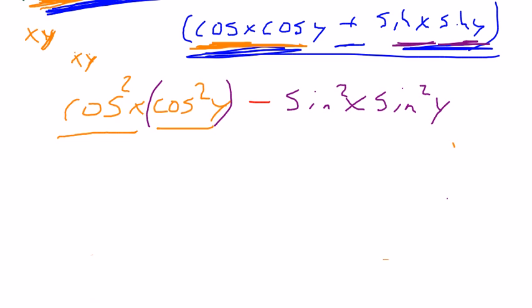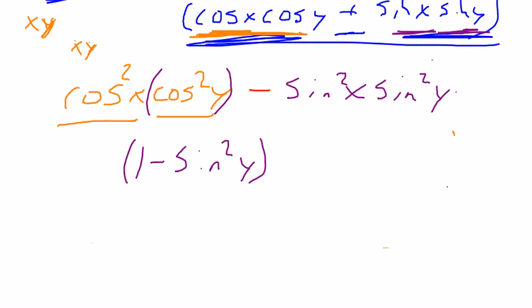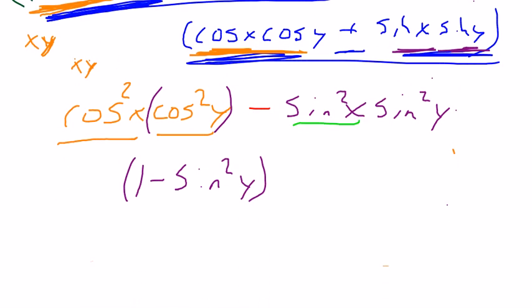I want to change that to 1 minus sine squared y, because we have a sine squared y up here, but we don't have a cosine squared y. Same thing over here. We don't have, in our answer, a sine squared x. So I'm going to change that to 1 minus cosine squared x.